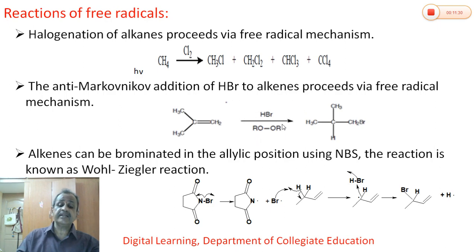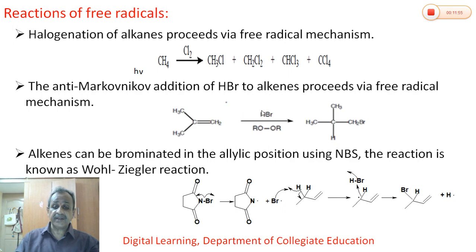Anti-Markovnikov addition. This anti-Markovnikov addition proceeds in presence of peroxide. Peroxide first undergoes homolytic bond cleavage and we get alkoxy free radical RO with one electron. The bond between this OO is broken homolytically and both oxygen atoms take one electron each and alkoxy free radical is generated.